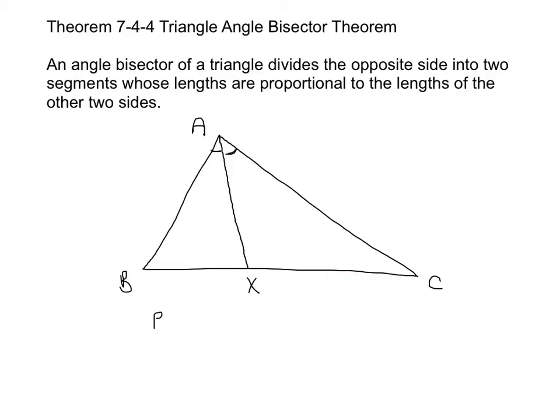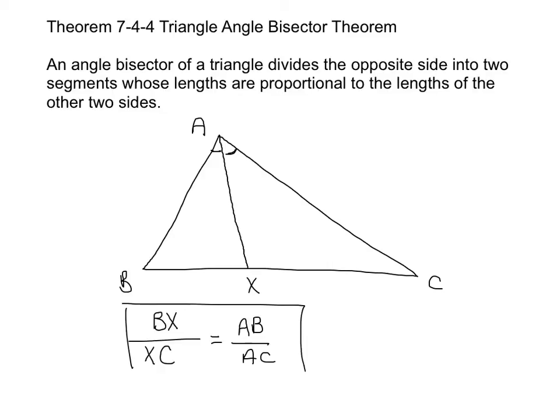So you have BX over XC. You notice you had BX, XC. That's what formed BC. And that is proportional to what? Proportional to the lengths of the other two sides, meaning AB over AC, as we had our other two sides of the triangle. And that's all that this theorem is saying.